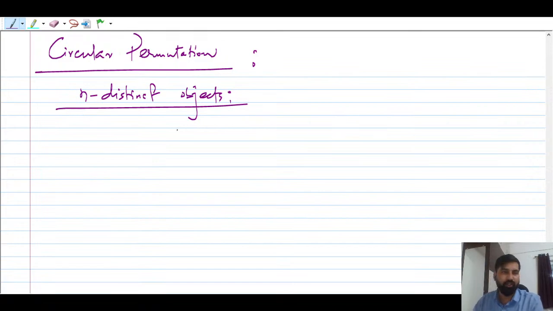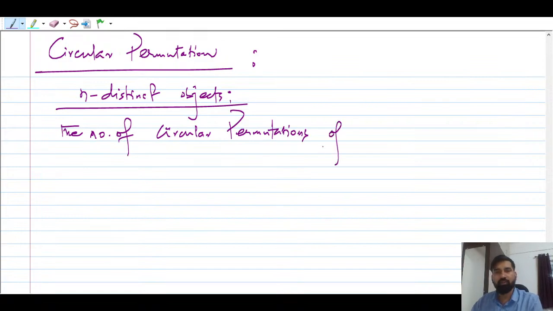Suppose you take 3. The number of circular permutations of n distinct objects will be n minus 1 factorial.